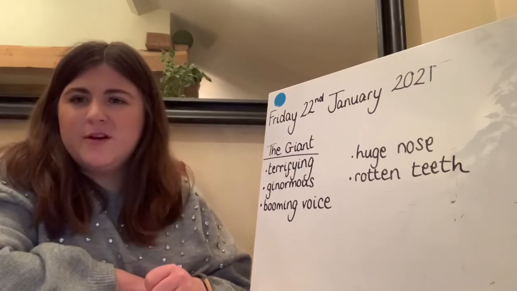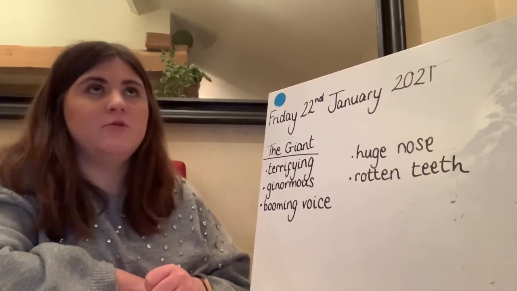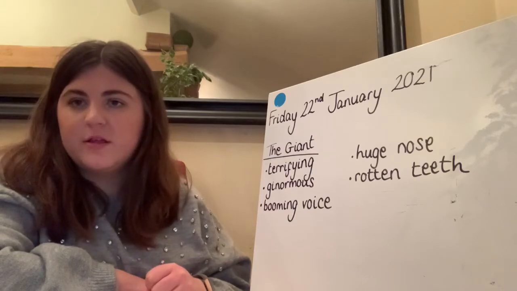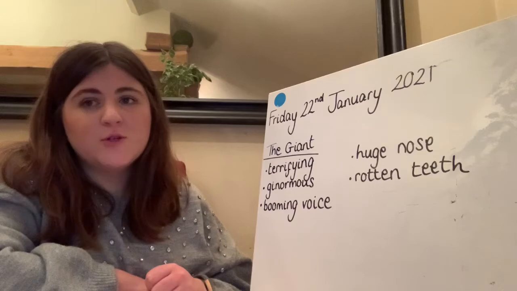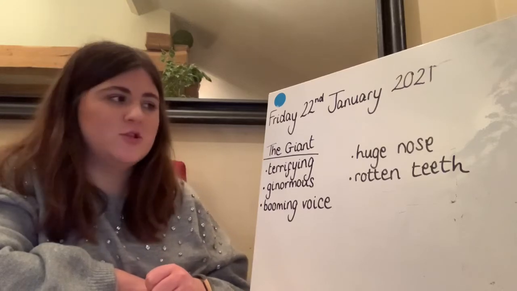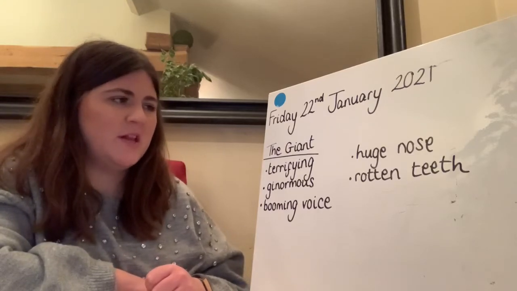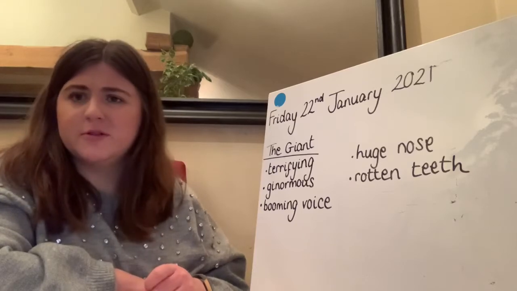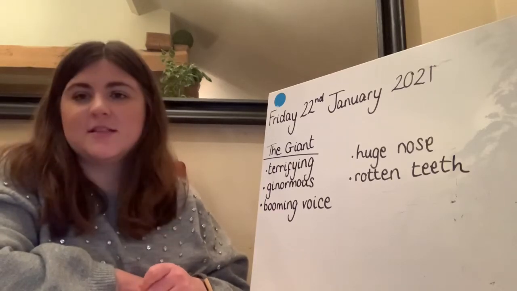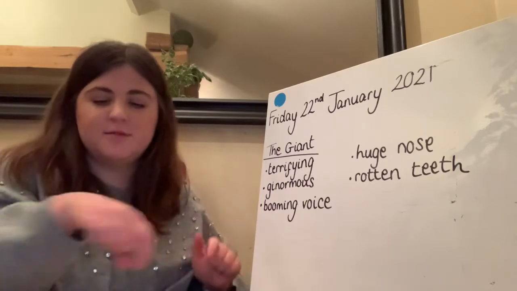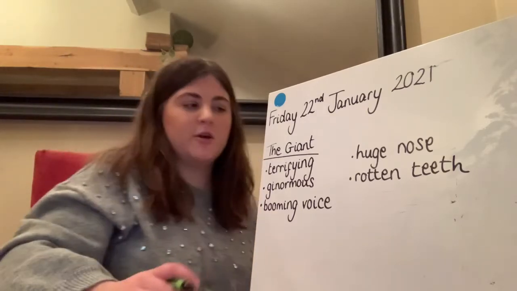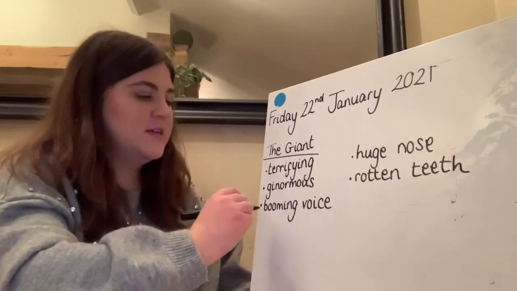We can't just put he has a huge nose to start off with, because if somebody who didn't know who you were talking about came along to read your character description, they're going to be thinking, who has a huge nose? This doesn't make any sense. So we need to start with the giant.